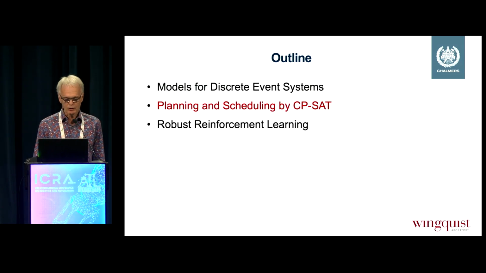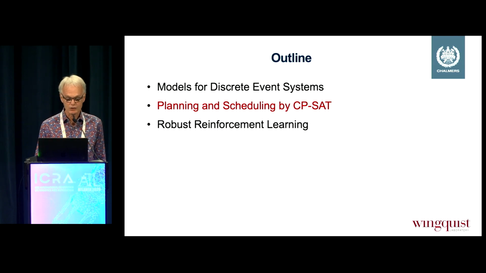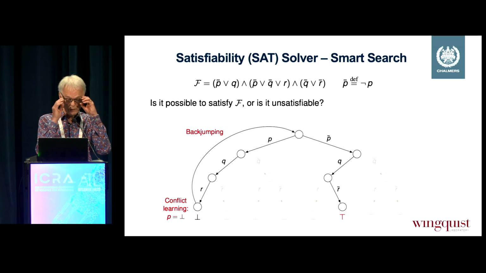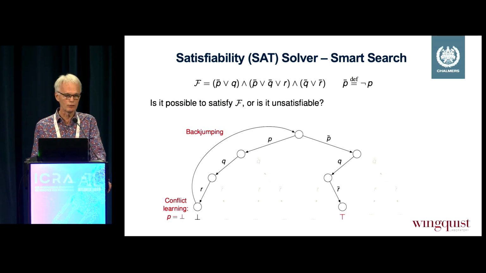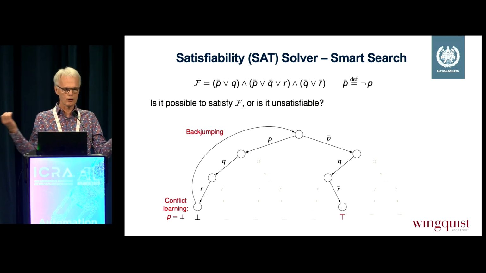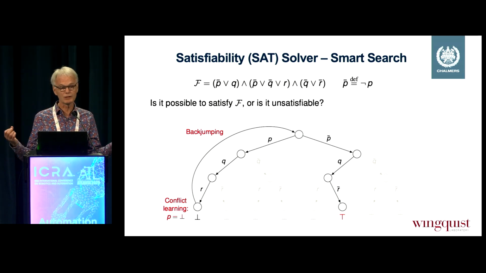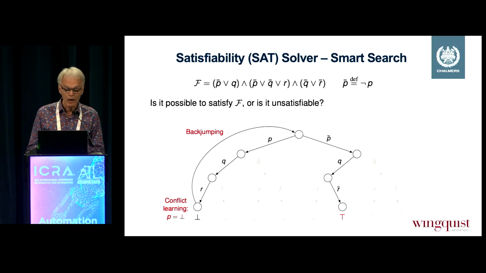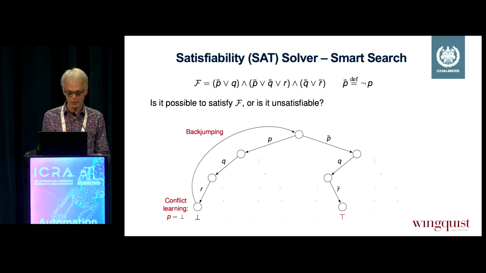So these models can now be used for planning and scheduling. And one very popular software is called SAT solver, or satisfiability solver. It just tries to answer, for a long, complex Boolean expression, whether it's possible to satisfy it with a combination of the variables, or if it's unsatisfiable.